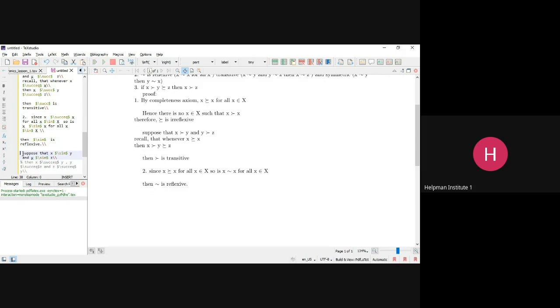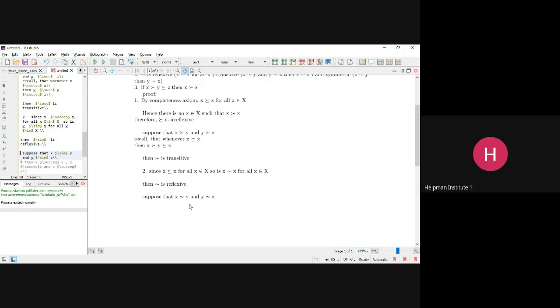If x is reflexive, then we can make some assumption now. Anytime you see suppose, it is an assumption, okay? Suppose that x is indifferent from y and y is indifferent from z. What does that mean?